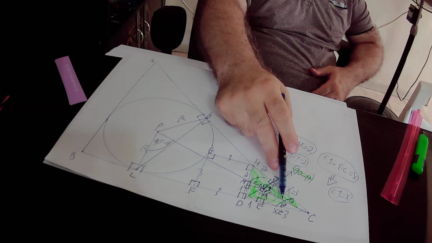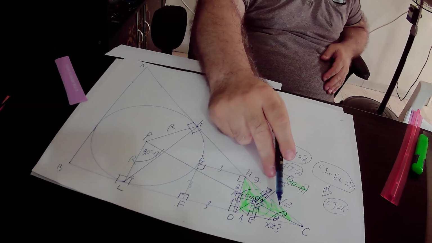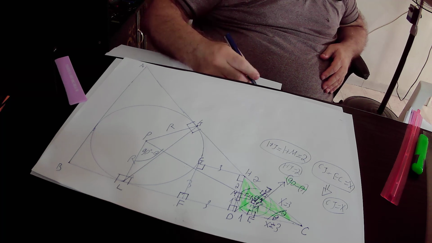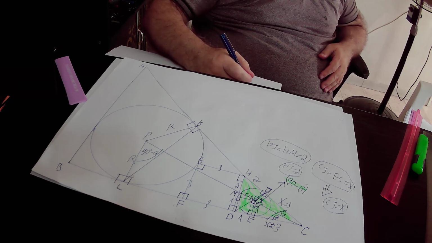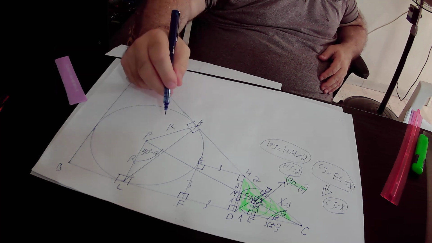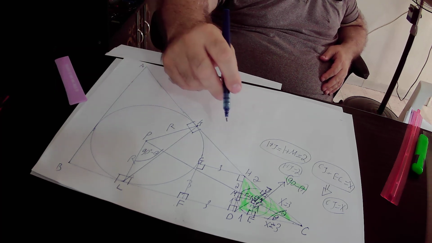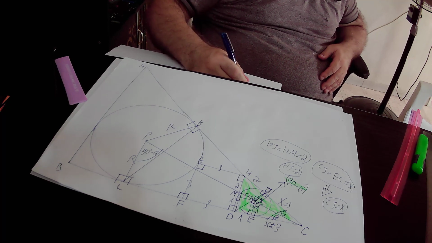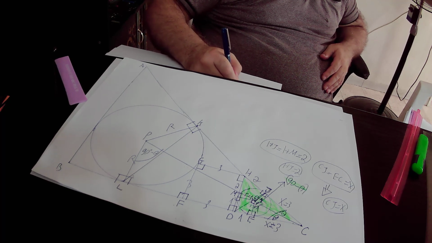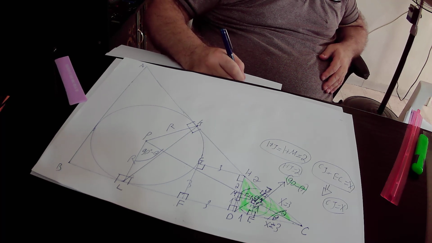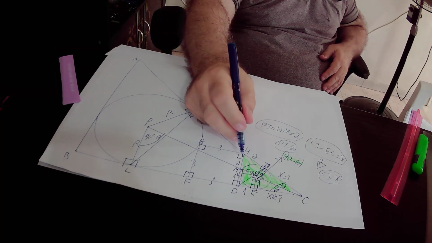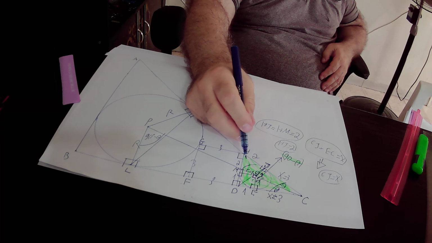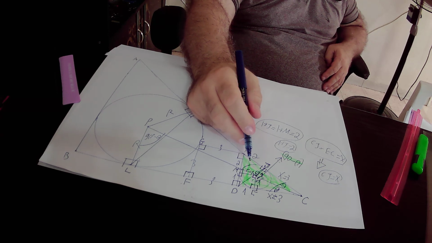And finally, this angle, angle theta, is a common angle that belongs to both triangles, so we can write down that angle theta equals to itself. So we can define angle theta as angle PCL that is equal to angle theta itself, that we can define angle theta also as angle OCE.